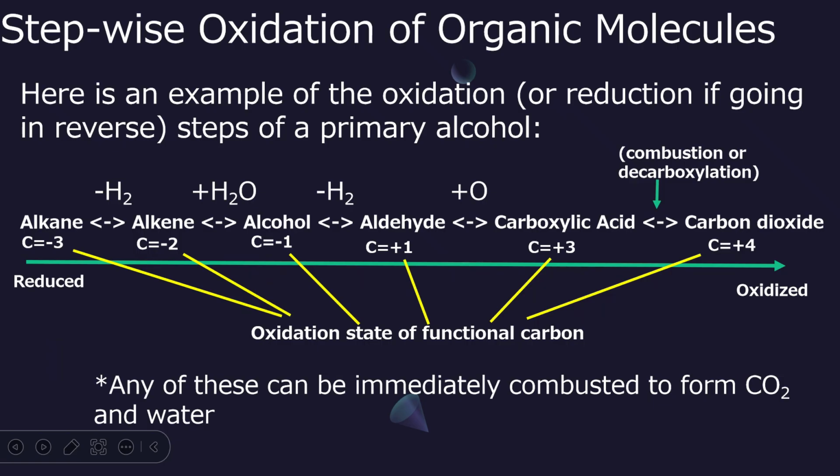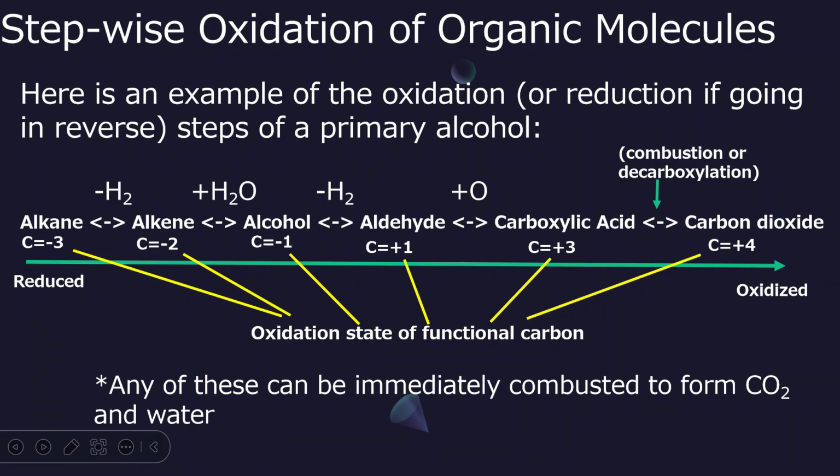We can then use an oxidizing agent to remove 2 more hydrogens. We'll get the aldehyde. Carbon on the aldehyde group is +1 oxidation state. We can then add another oxygen through our oxidizing agents, potassium dichromate or manganate, whatever. We'll get a carboxylic acid.